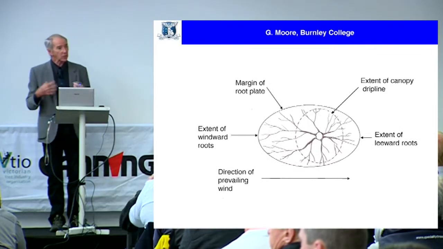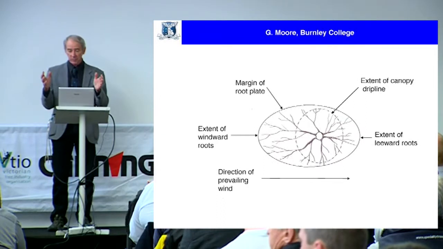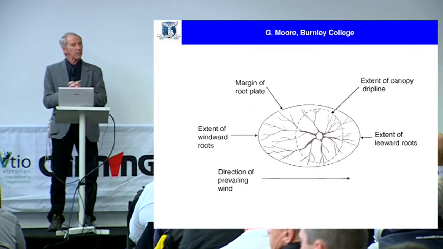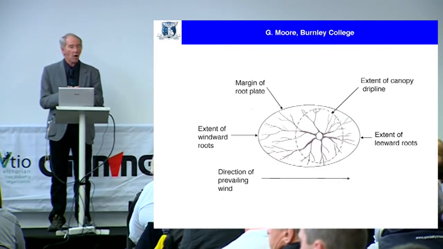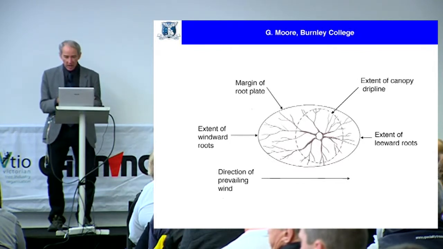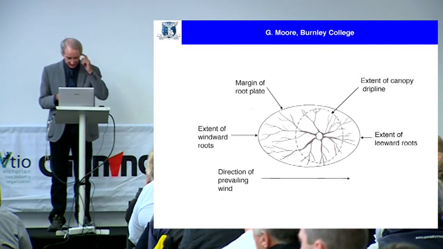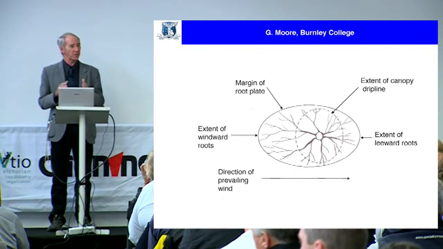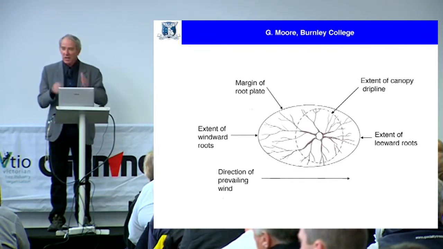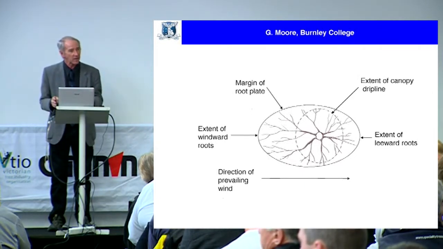So this is a little diagram that I've done of a tree root system, and you can see that about 60% of the roots are on the windward side. Now, all I'm saying to you is if those roots are on the windward side and they're really important for stability, then use that in your management. Use that in your design.